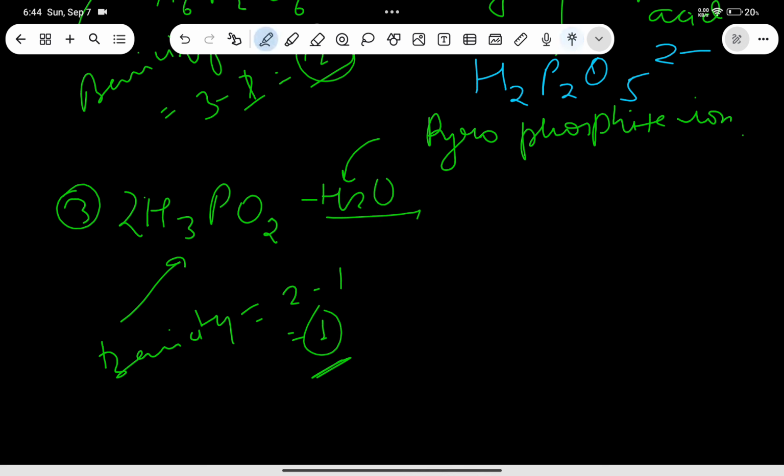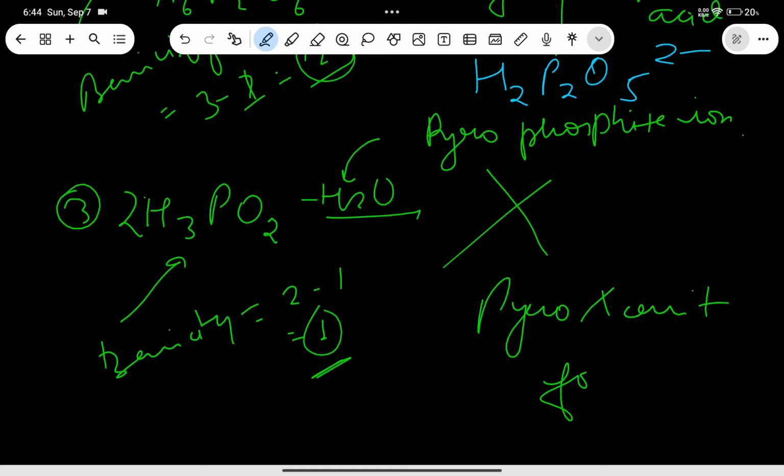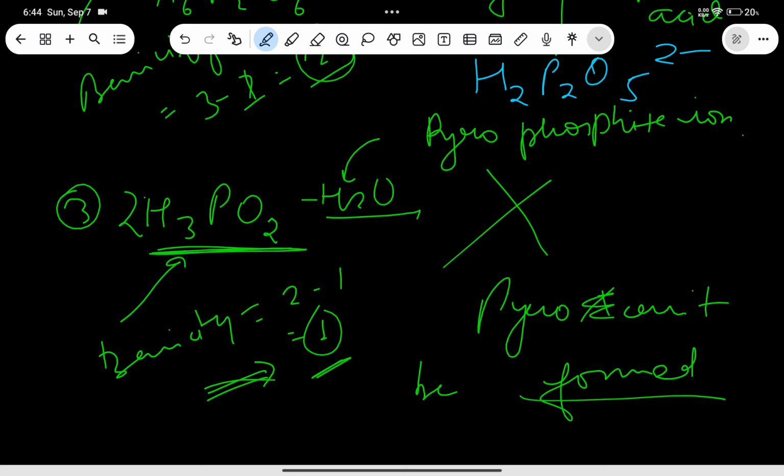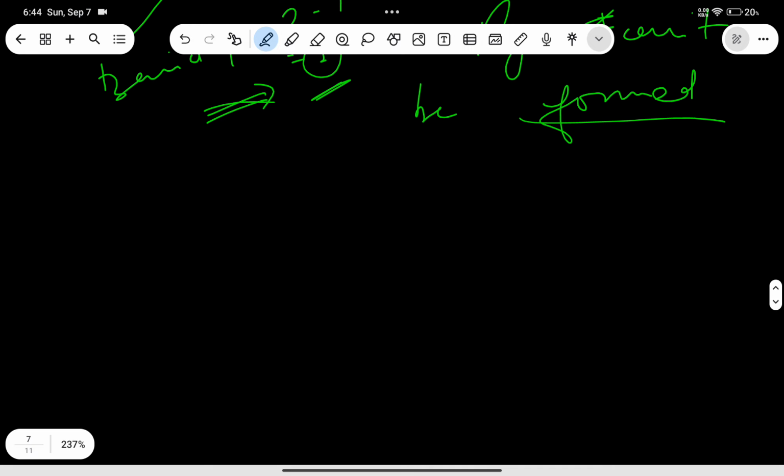We'll write that this is wrong. Pyro acid can't be formed because the basicity of phosphorus acid here is 1, and therefore it cannot form pyro acid. I think you understood all these things very beautifully.